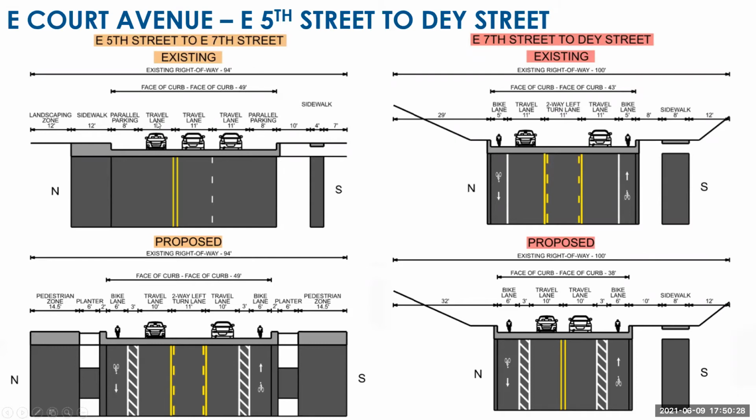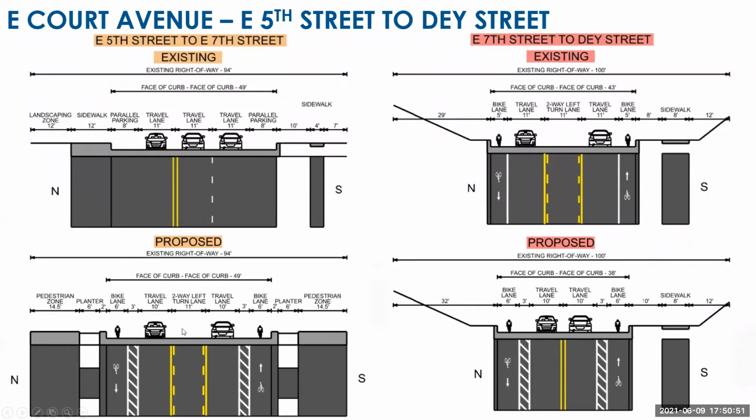So you have the parallel parking on either side with the 3 travel lanes. What we're proposing in this stretch is to eliminate the parking between East 5th and East 6th. And I'll show you in a second in a little more detail. That's some more of the parking area that isn't heavily utilized.